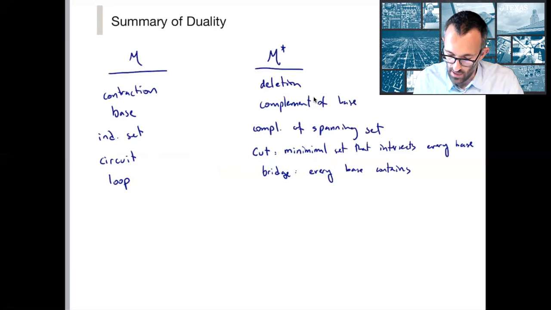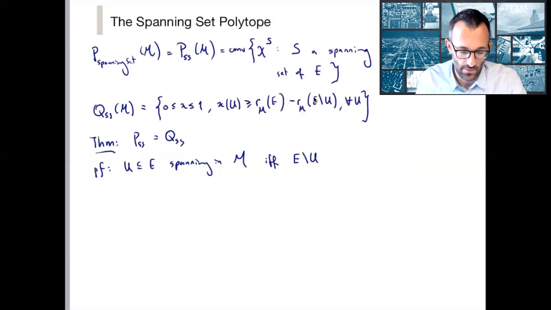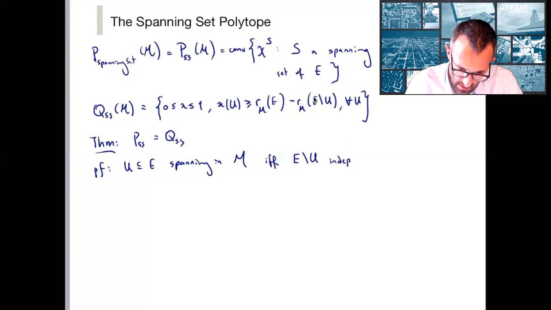Something is spanning if it's a complement of an independent set. Something's an independent set if and only if it's a complement of spanning in the dual matroid. So in other words, U is spanning if and only if E minus U, its complement, is independent in M star. This is just the definition.